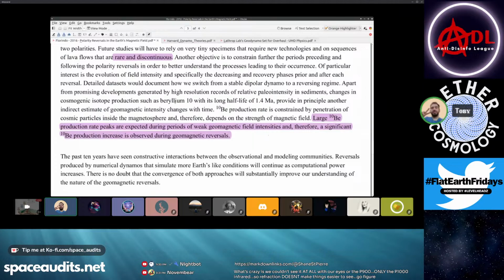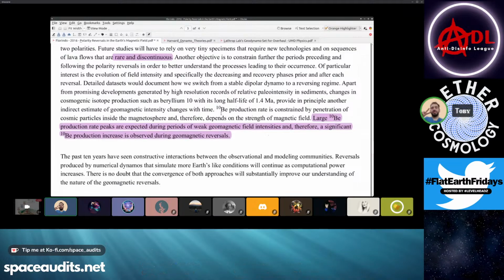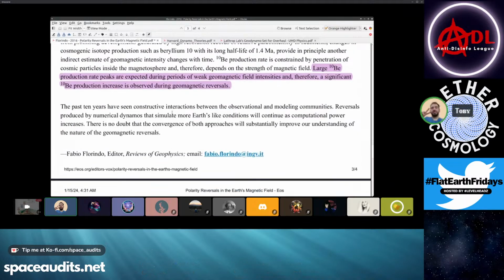So, yeah, beryllium 10 has that nice long half-life of 1.4 mega annum. But then it's constrained by the penetration of the cosmic particles. And so yeah, you get more cosmic particles, everything goes haywire, and then we can look and be like, well, it must have produced a bunch more during that time period, and thus, boom, field reversals. We can study them.